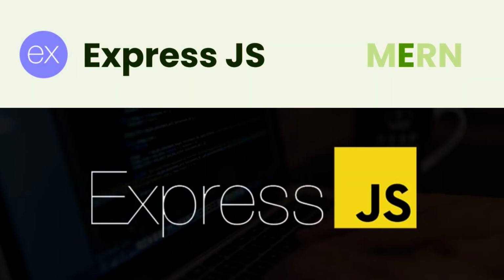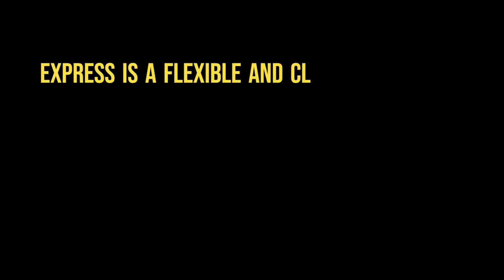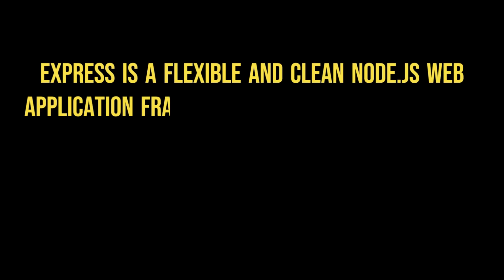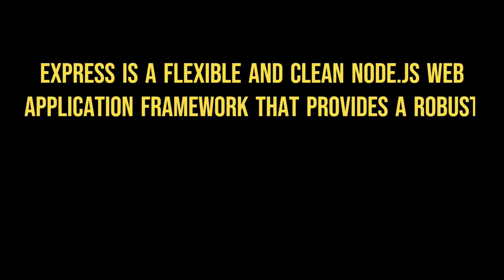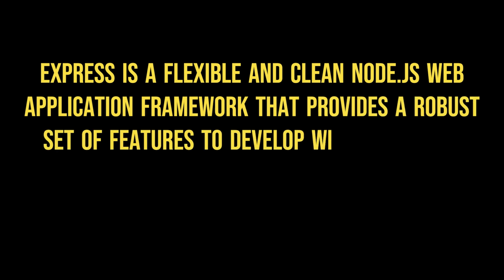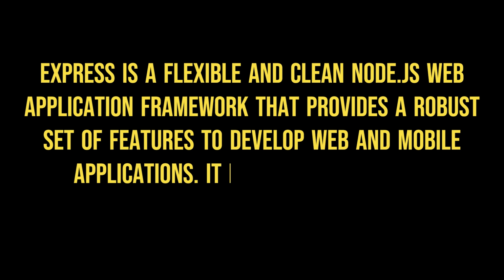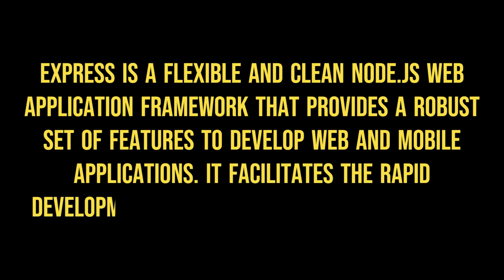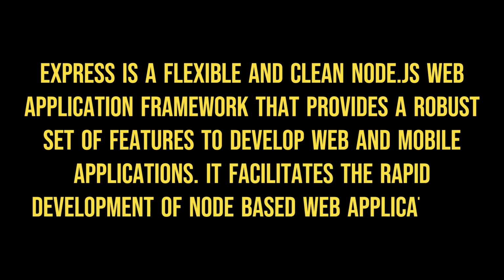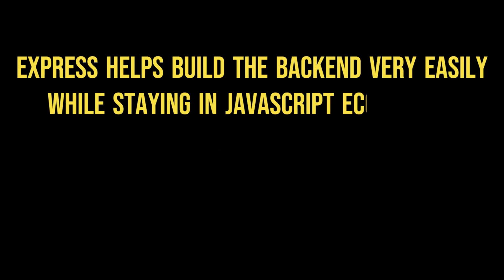2. Express.js. Express is a flexible and clean Node.js web application framework that provides a robust set of features to develop web and mobile applications. It facilitates the rapid development of Node-based web applications. Express helps build the backend very easily while staying in JavaScript ecosystem.